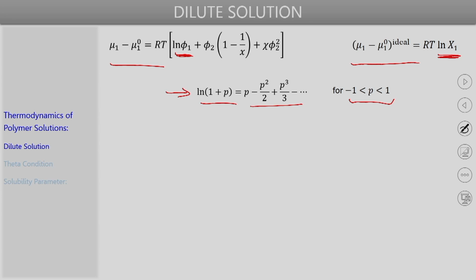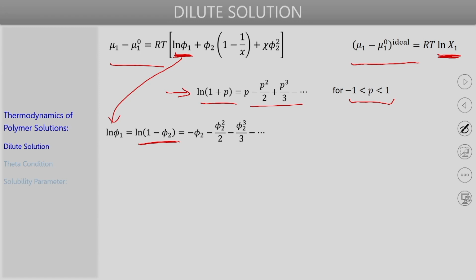So, now let us look at the ln phi 1 term in the first case and the ln x1 term for the ideal term. If we consider the ln phi 1 term, we can always write it as ln of 1 minus phi 2, because phi 1 plus phi 2 will be 1; these are volume fractions and we have a binary mixture, so the sum will be 1.